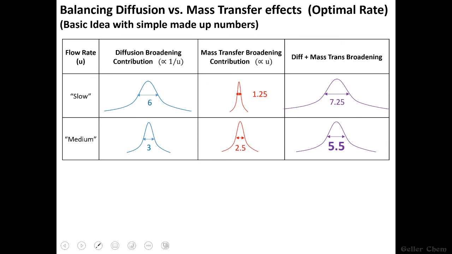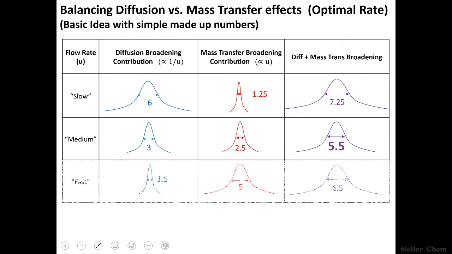But let's keep speeding up and get to some flow rate that we'll label as fast, where once again we decrease this by a factor of 2 and increase this by a factor of 2. Now the reverse situation has happened. While this is getting better, it's only going down by a total of 1.5. However, this is going up by 2.5. And so there's a net increase in broadening compared to the medium flow situation.